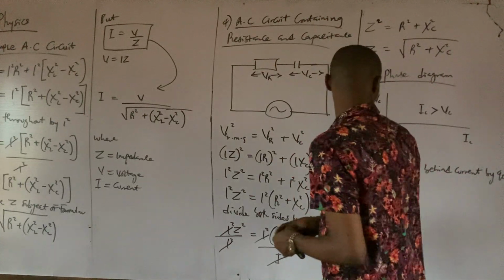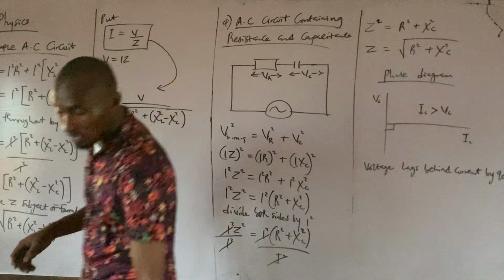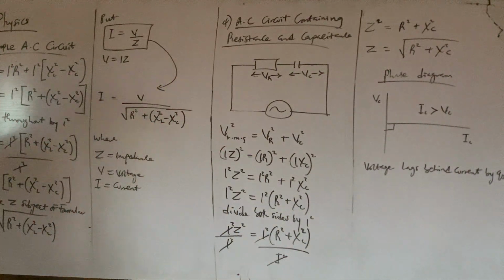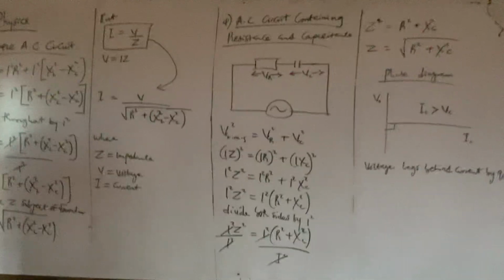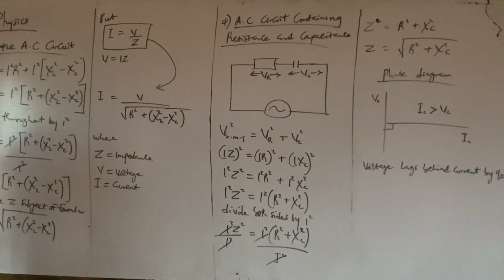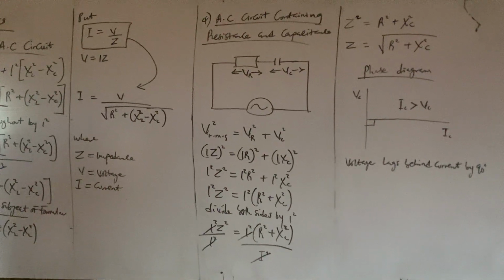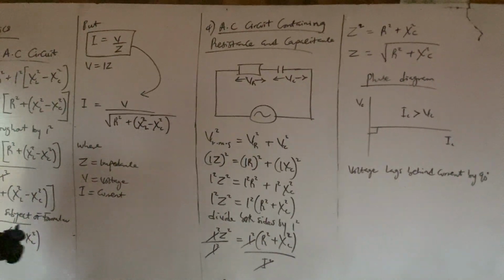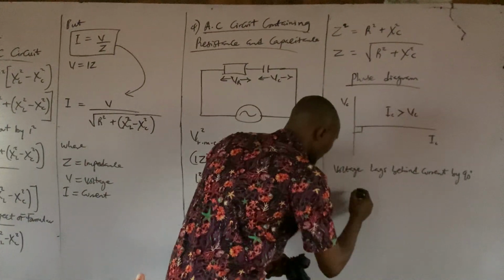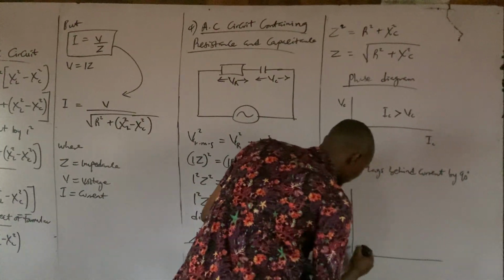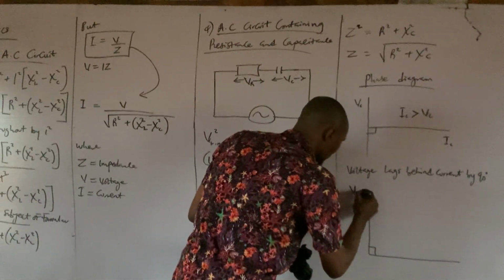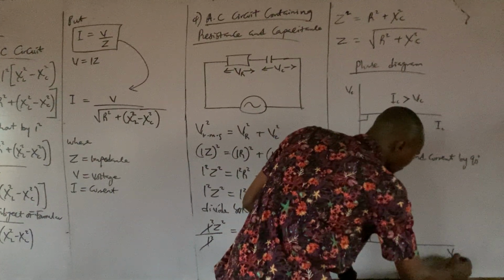Are you there? So now let's move over to AC circuit containing resistance and inductance. But in terms of leading and lagging, let's have a diagram like this. Call here VB, call here VA.